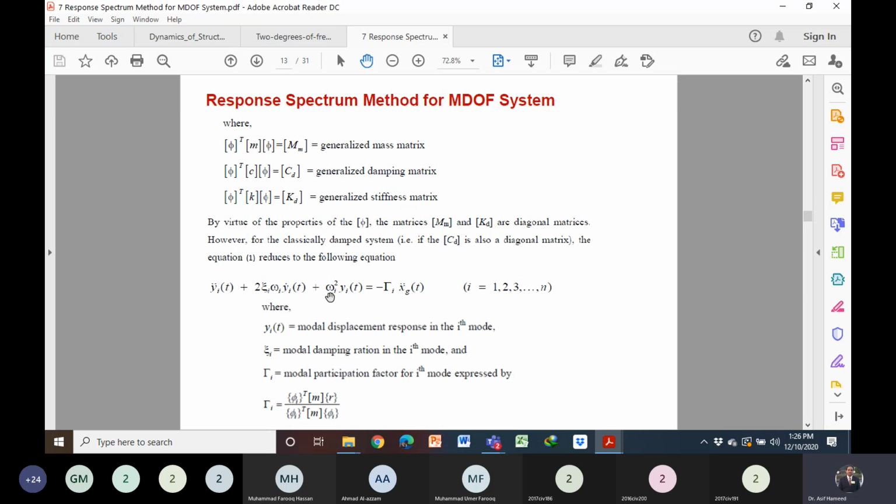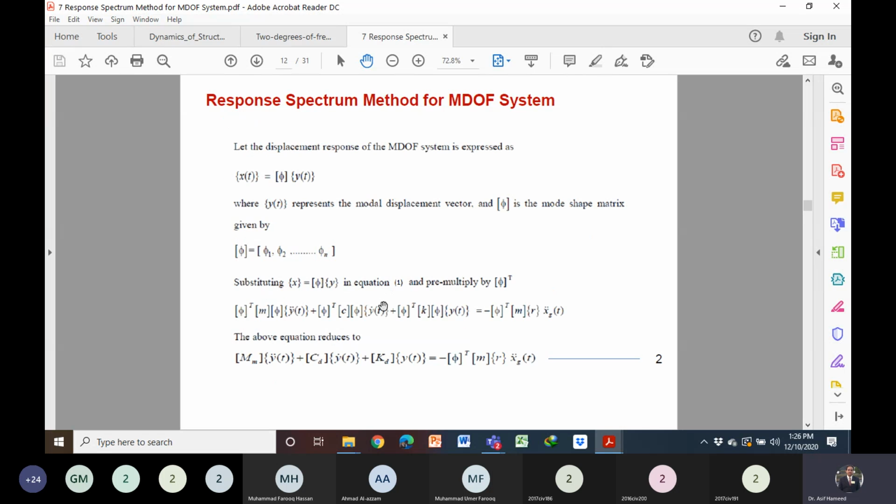Okay? And then we have K over M. K over M is equal to omega n square. And if it is a multi-degree of freedom system, then we will have n omega values. So K over M under root is omega n, but we have K matrix divided by M matrix, that will be equal to omega ni square.